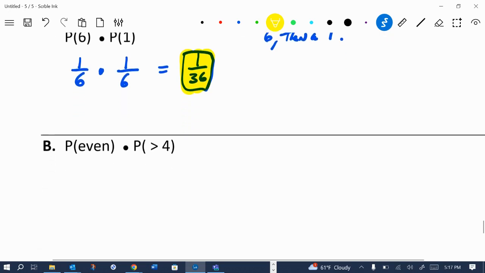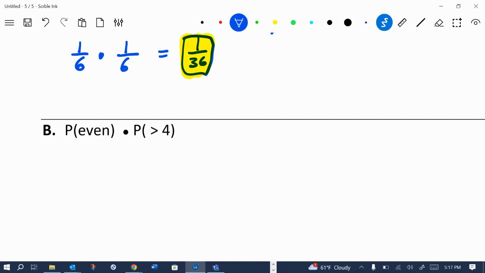Let's look at it with this one. The probability of getting a 2 is 1 over 6, of getting a 4 is 1 over 6, of getting a 6 is 1 over 6. That's 3 of them, so the probability of getting an even number is 3 out of 6. Now for greater than 4, we have 1, 2, 3, 4, 5, and 6.